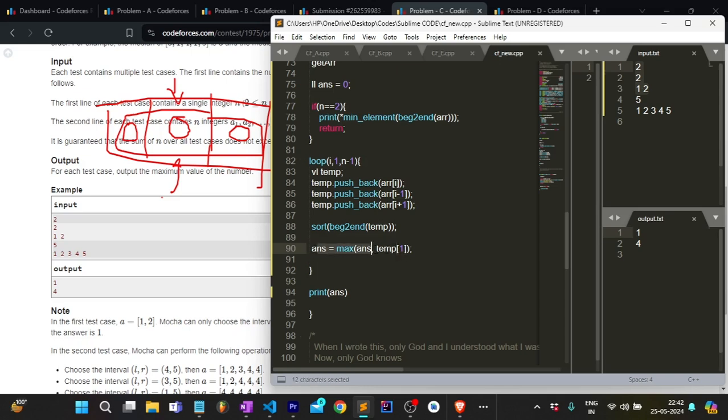So I'm taking the maximum out of all the medians of 3 size windows, and eventually we'll end up with an answer which represents that after performing the operation some number of times, we have an array in which all elements are equal, and the element to which all elements are equal is the maximum possible. That is represented by answer.